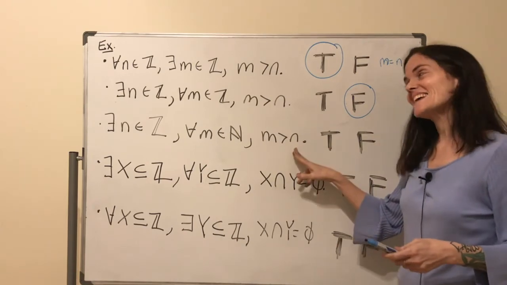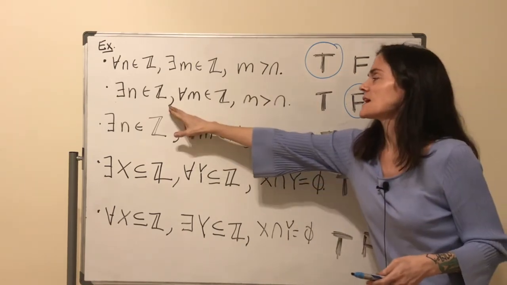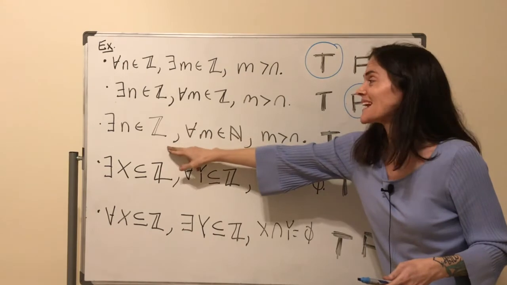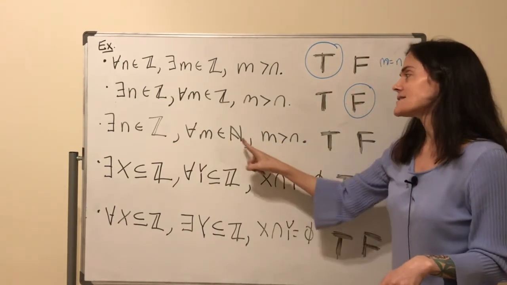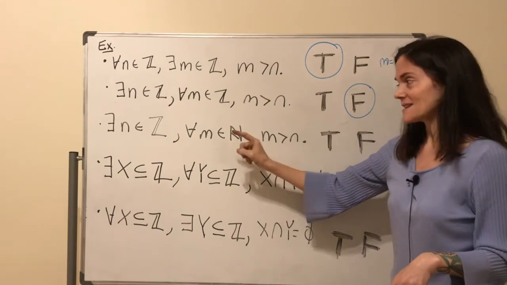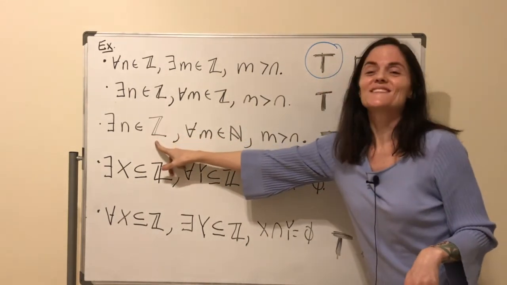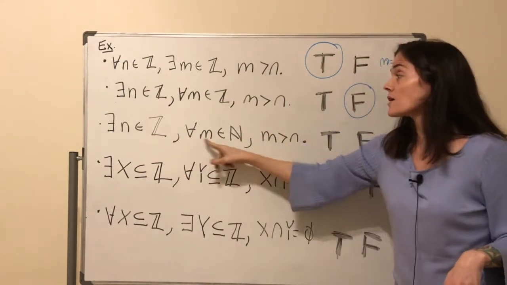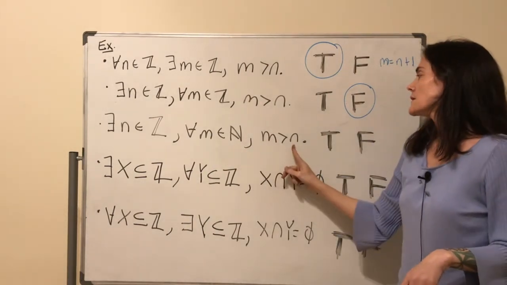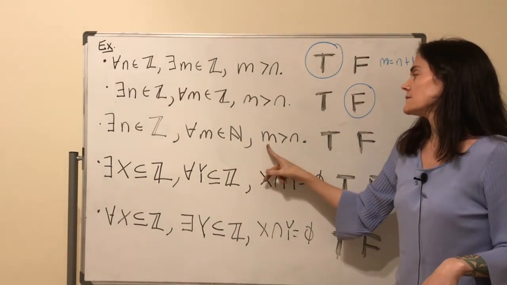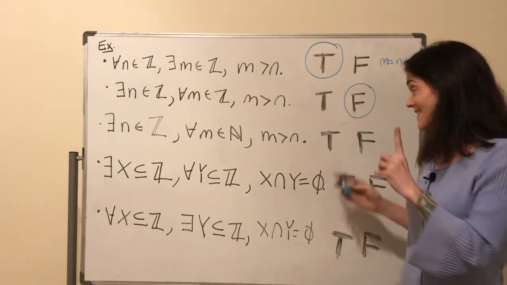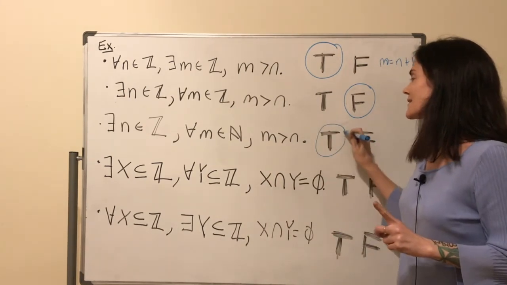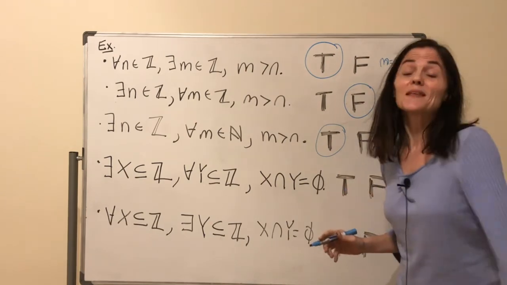But if I change it, you see everything in line 2 and line 3 is the same, except I switch this here. So this says there is an integer such that for all natural numbers, the integer is less than the natural number. Well, this is true, and this is one where you have infinitely many options.